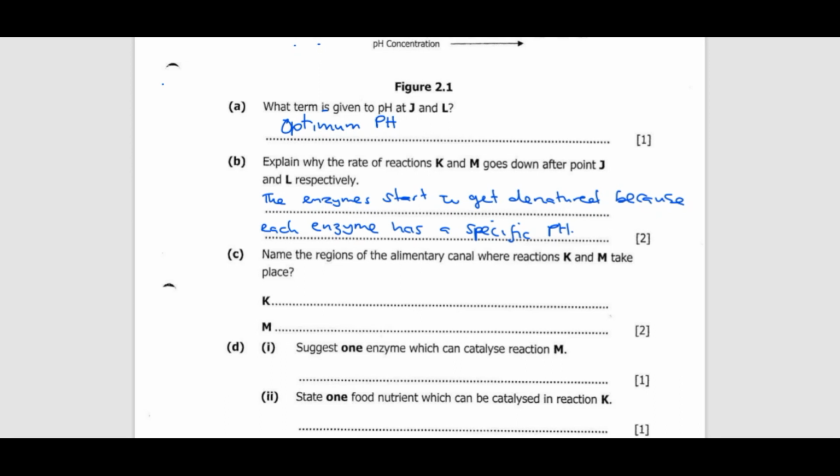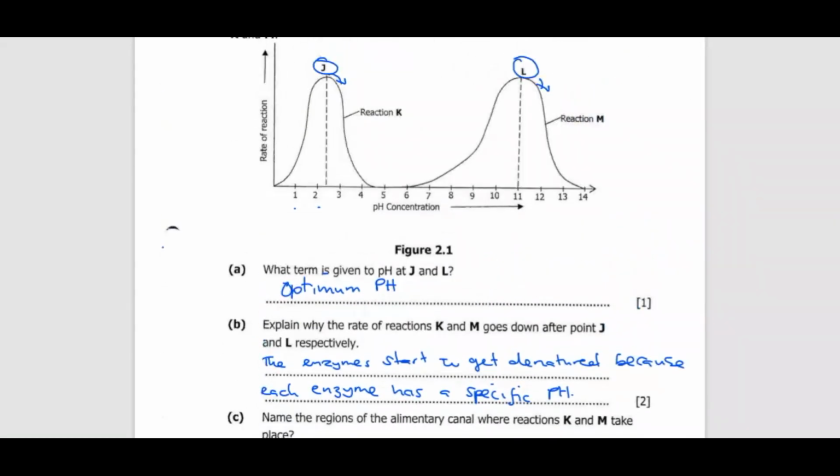So C, name the regions of the alimentary canal where reactions K and M take place. So we have to identify. K, when you look at the pH, what comes to your mind?